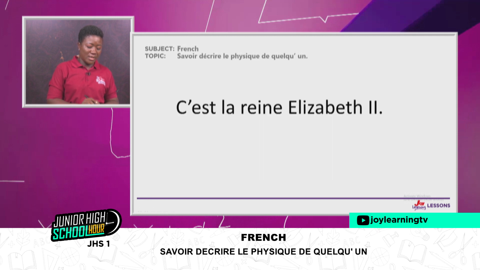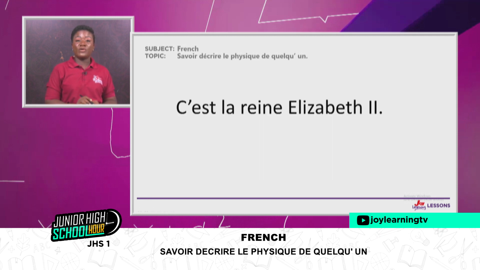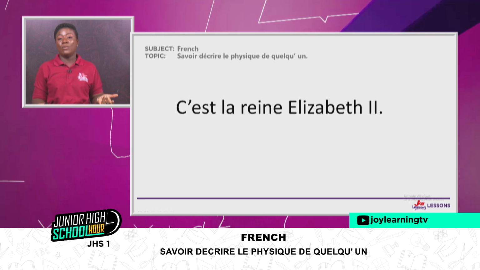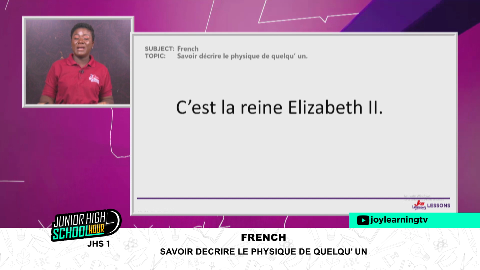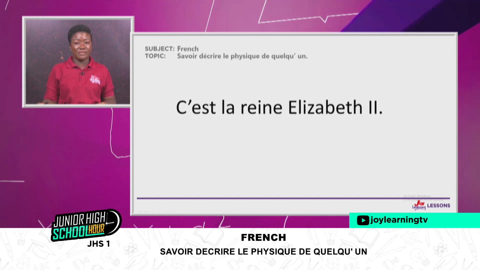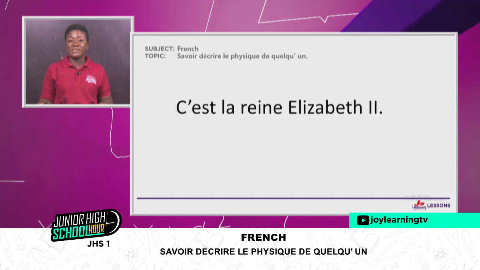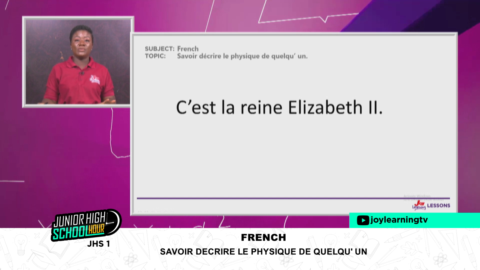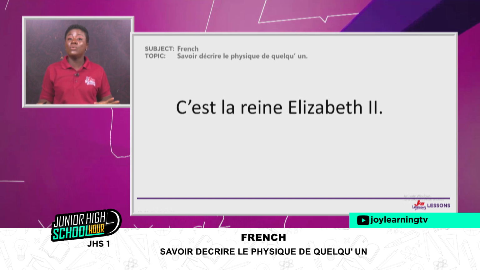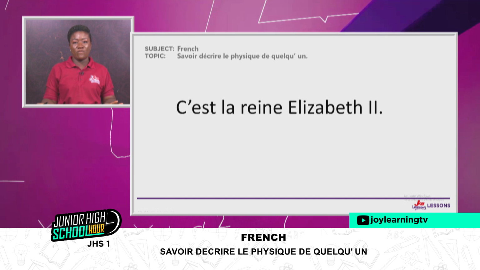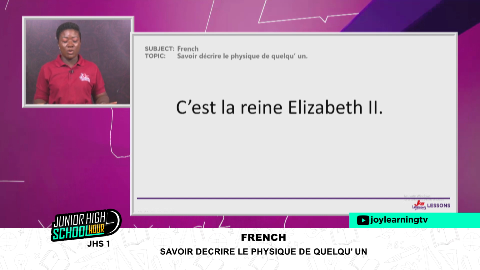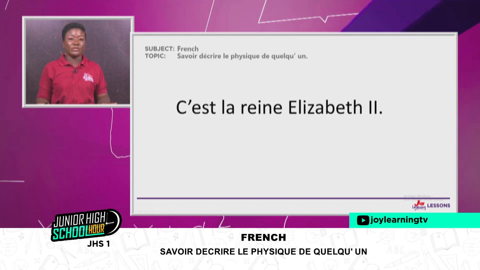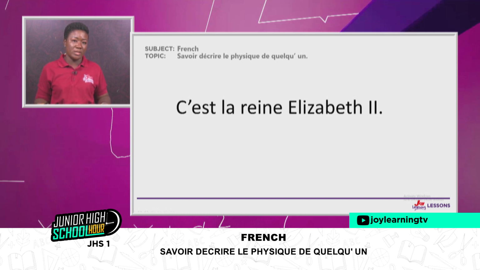Before we go to the second one, the person we see in our image is who? La Reine Elisabeth II, who was the queen of England. She was the queen, but unfortunately she passed on.